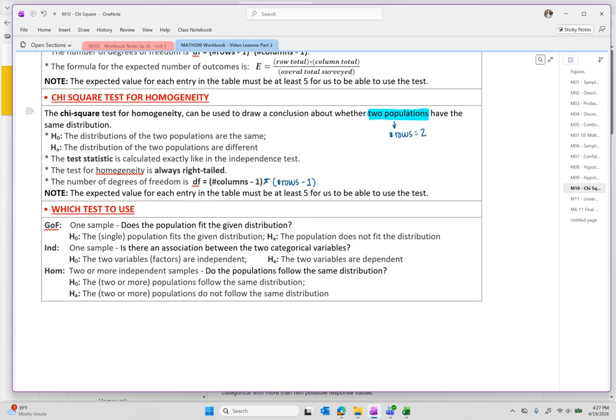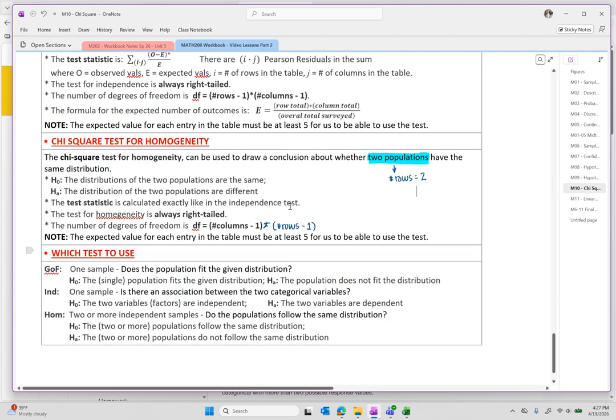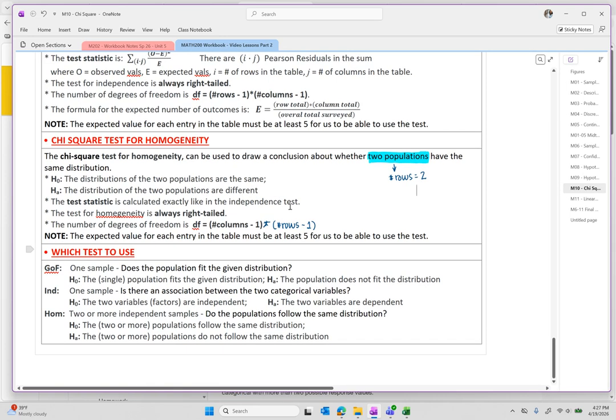So in the general scenario where you will do homogeneity for multiple populations, then the degrees of freedom will equal the same that you would do for independence: number of columns minus 1 times number of rows minus 1. So for two populations, number of rows minus 1 is equal to 1.